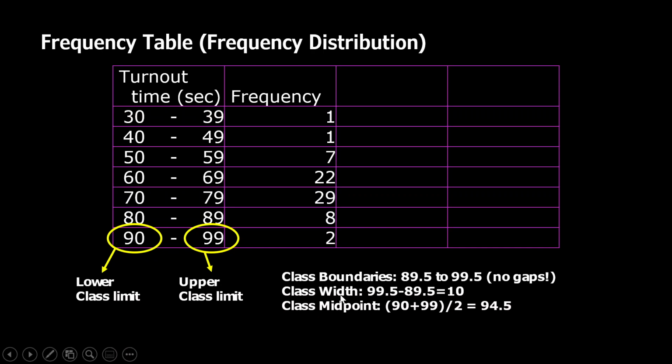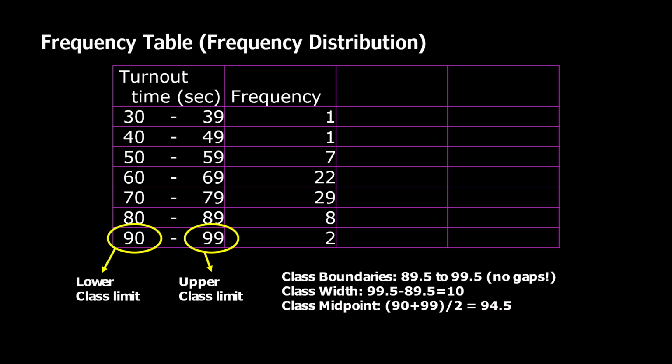And class width is you just take the difference between the class boundaries, not the class limits. So if you do 99 minus 90, it looks like the class width is 9, but that's not really true. The true width is the value of 99.5 minus 89.5. That's the class width.